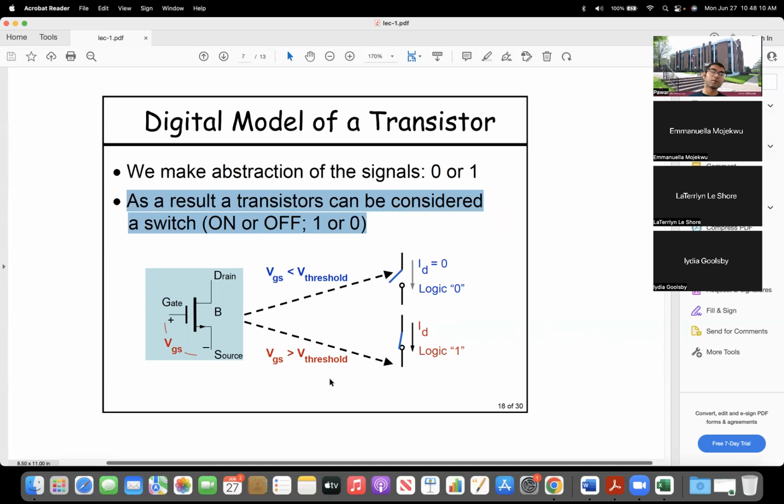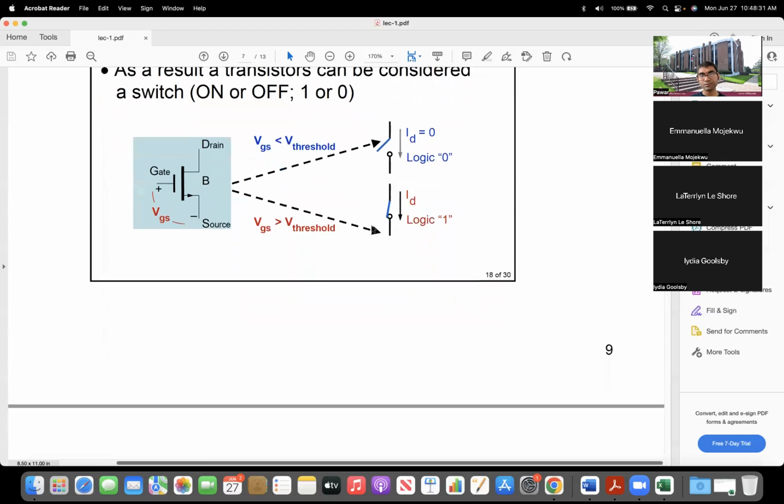This is where you abstract the signal. Abstraction is where you summarize things: you summarize all of the flow as one and all of the no flow as zero. This is just a way of presenting your gate in an electric circuit.